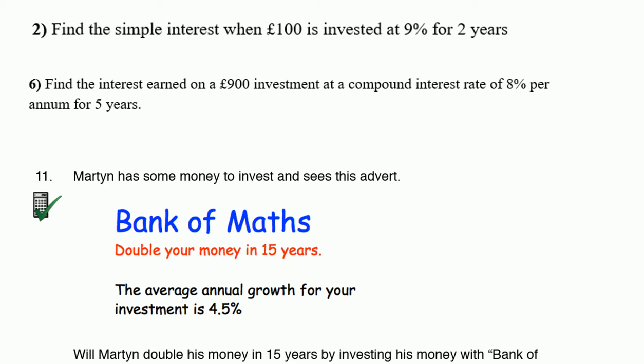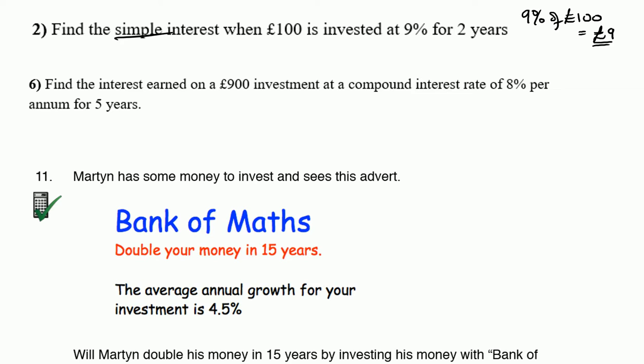Find the simple interest when £100 is invested at 9% for 2 years. Simple interest, let's do something simple. Let's work out 9% of £100. Now, 9% of £100 is simply £9. I'm not going to do anything fancy here. Percentage is out of 100, so 9% of 100 is just 9.